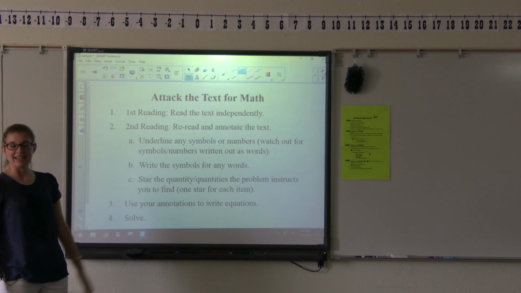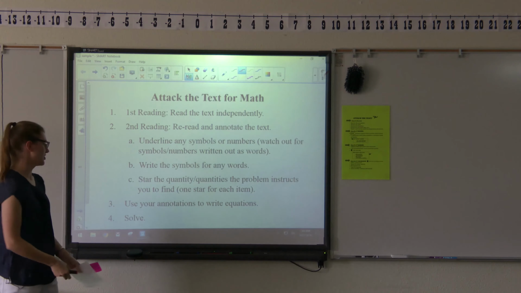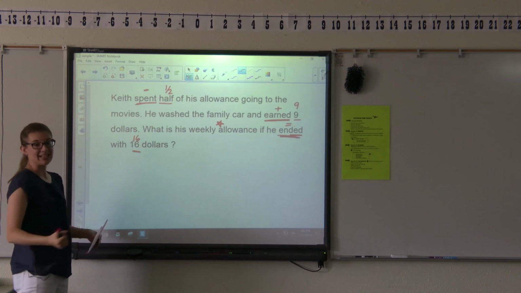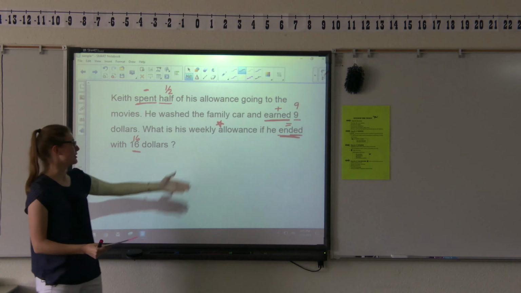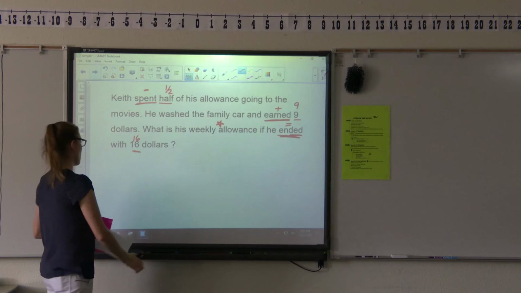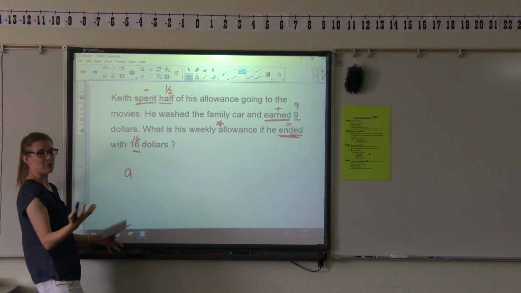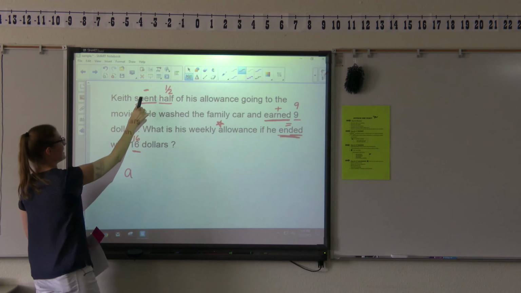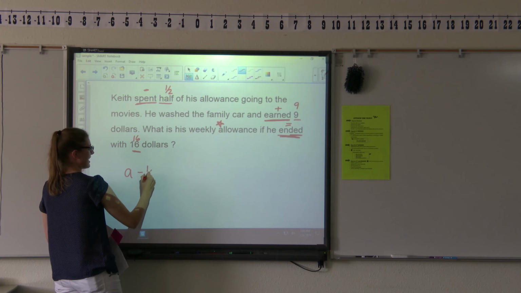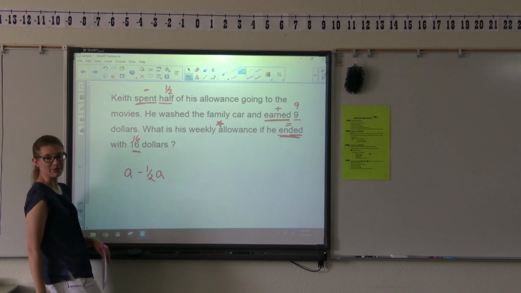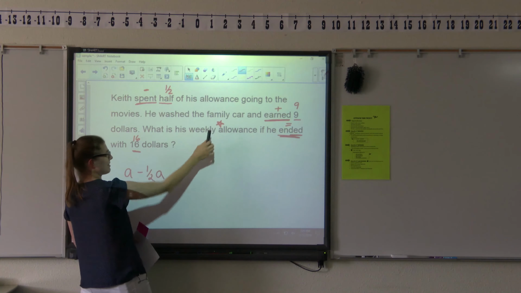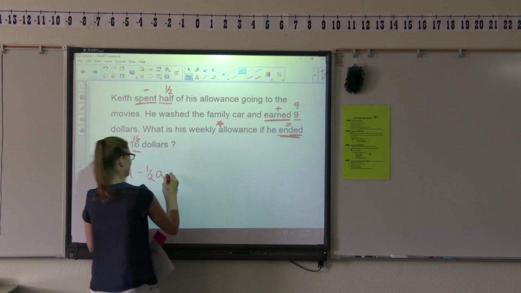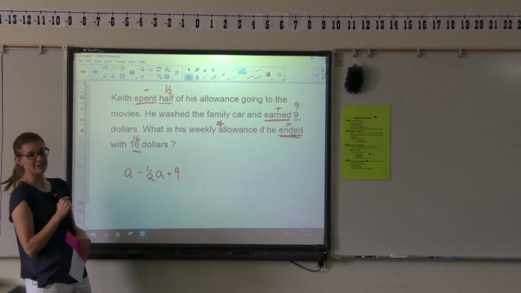From there, we use the annotations to write the expression or equation. So I tell my students, we're being asked for the allowance. This is what we don't know. He has an allowance, unknown variable. He spent half, minus half of allowance. He washed the family car and earned $9, plus $9.